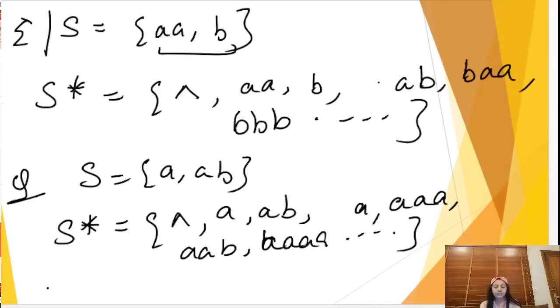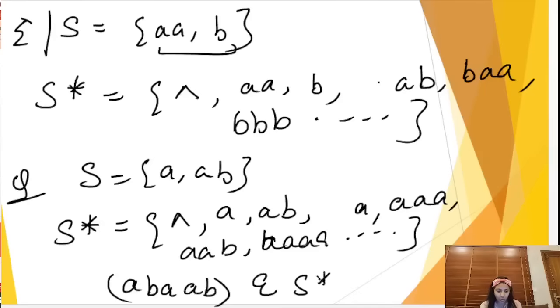Now if I have to check whether any particular string will belong to my S star or not, let's say for example I have to check ABAB. So how will we do that?